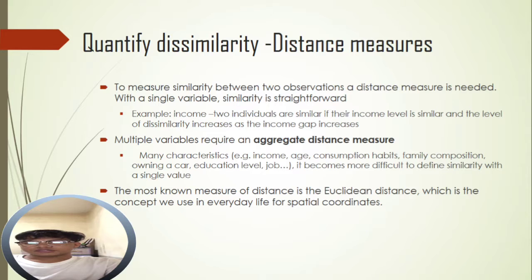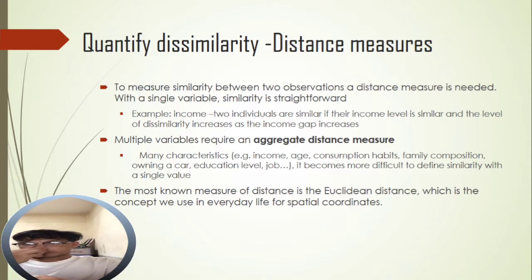So, the second one is multiple variables, which requires an aggregate distance measure. So, one of it is many characteristics like income, age, consumption habits, family composition, owning a car, education level, or job.